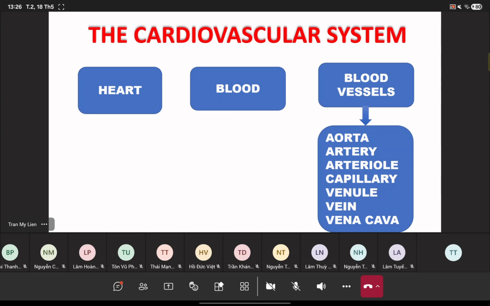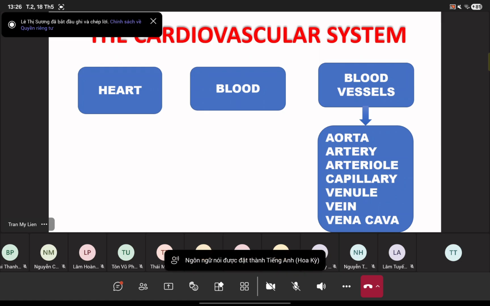Arteries, arterioles, veins, and venules are smaller blood vessels transporting oxygen and carbon dioxide to and from the heart.